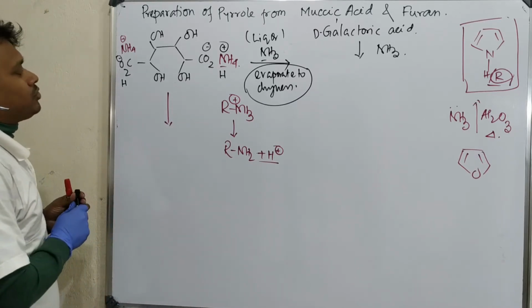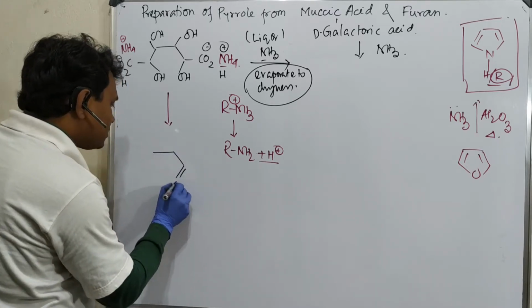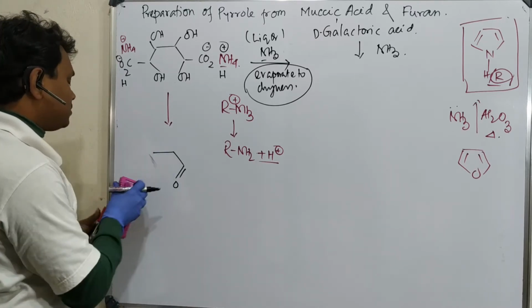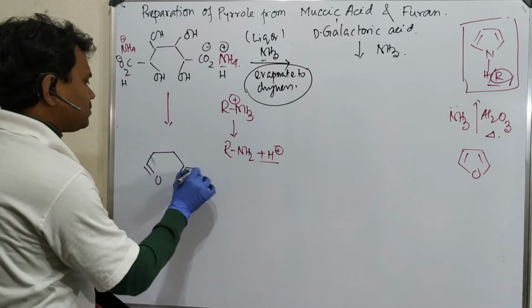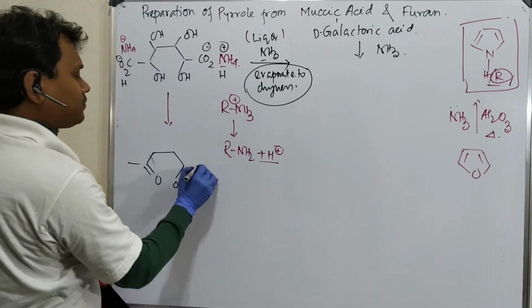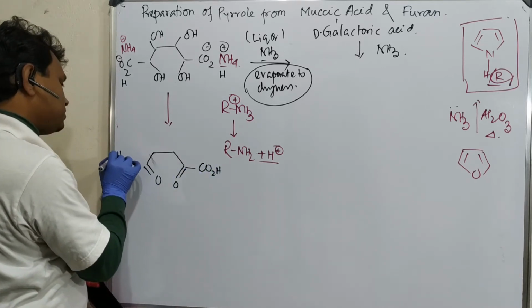Fine. So 1,4-dicarbonyl means this. This, okay, so 4 carbons. Let's put CO2H, CO2H.